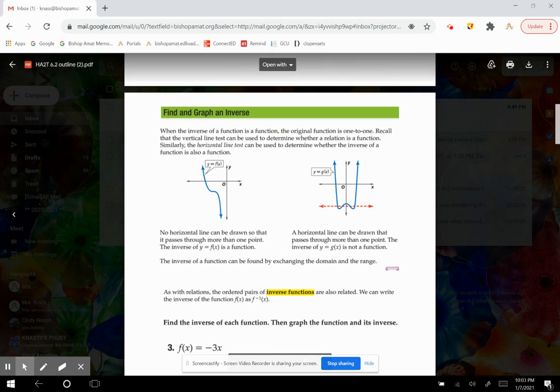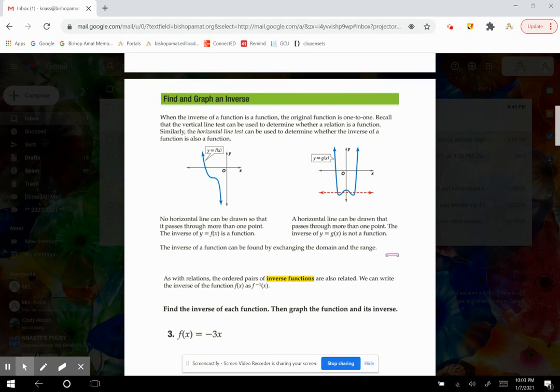This is really cool. Beforehand, we used to do the vertical line test. If you remember that from last semester, it's awesome. Say our graph looked like this, and we took a pencil and moved it through this graph this way.